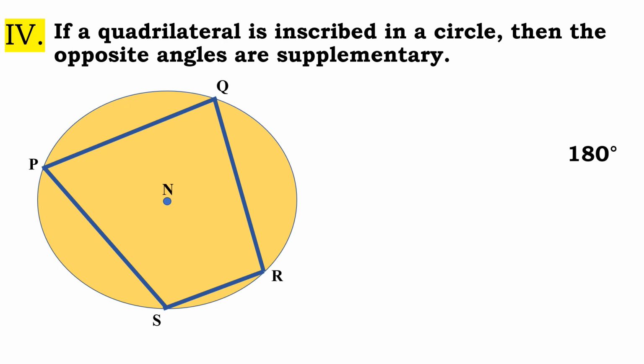Now, we know that supplementary angles are equal to 180 degrees, meaning if you add supplementary angles, the sum is always equal to 180 degrees. And according to the theorem, the opposite angles of a quadrilateral inscribed in a circle are supplementary.